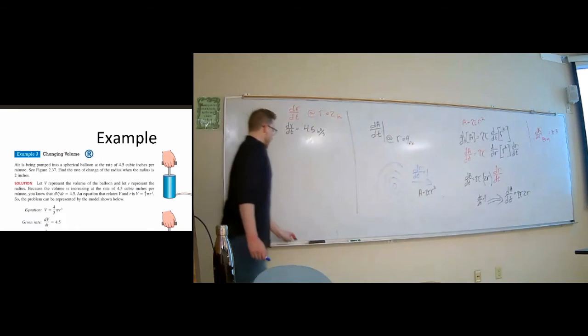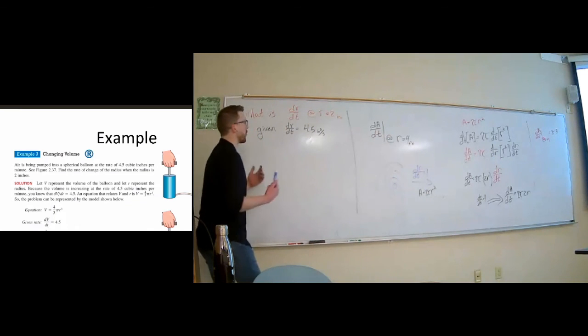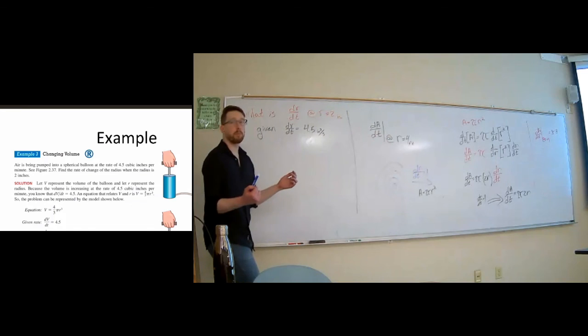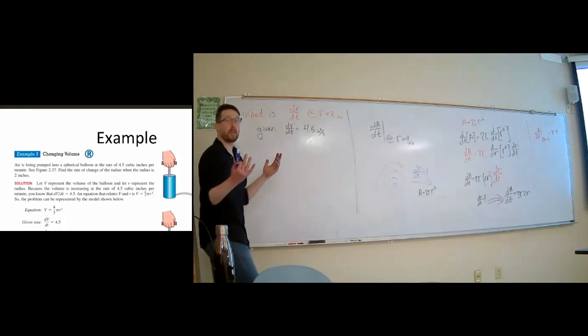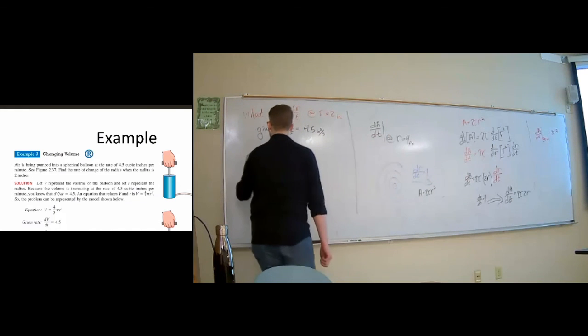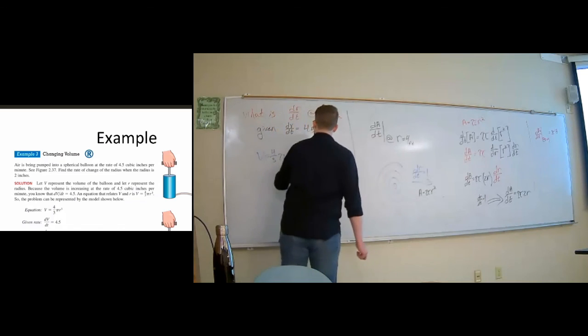All right, so what we're going to need to do is start by setting up a relationship between volume and radius. Luckily, the balloon's supposed to be spherical, so we can just use the equation of a sphere. The equation of a sphere tells us that volume is equal to 4/3 pi r cubed.